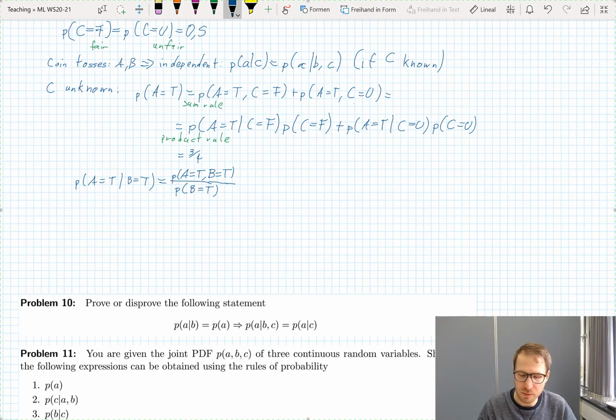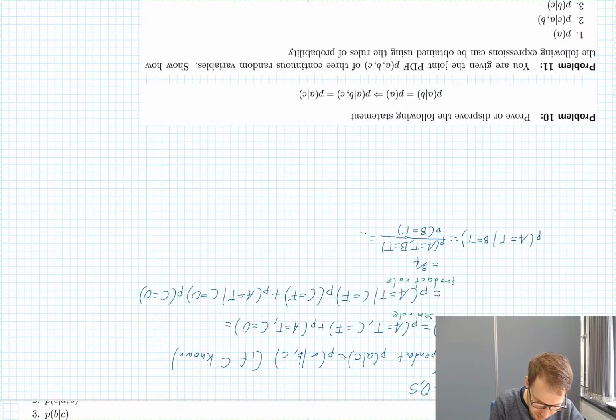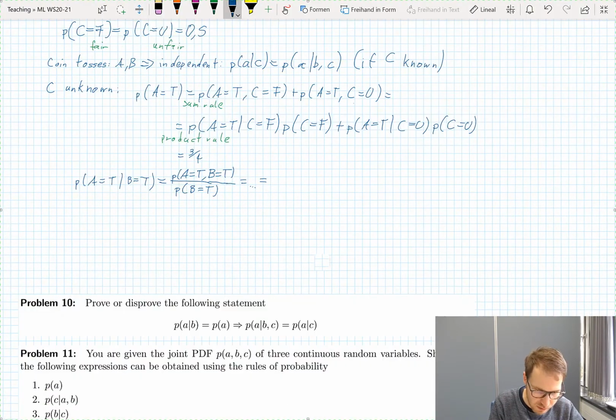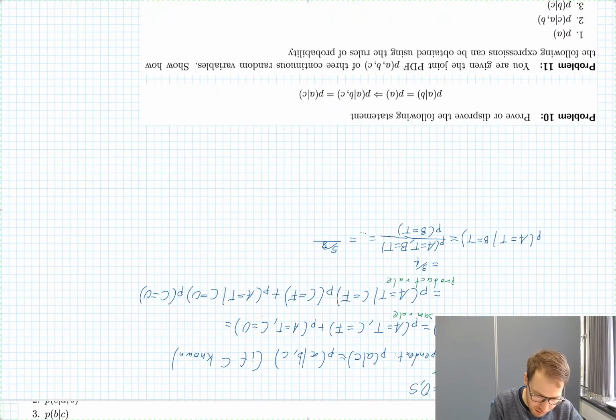Okay, and then we can do the same stuff again. So then we can separate out C and then do all these calculations. You have that in the solution sheet. I'll not do all the small steps now. So let's say 5/8 divided by 3/4 equals 5/6.